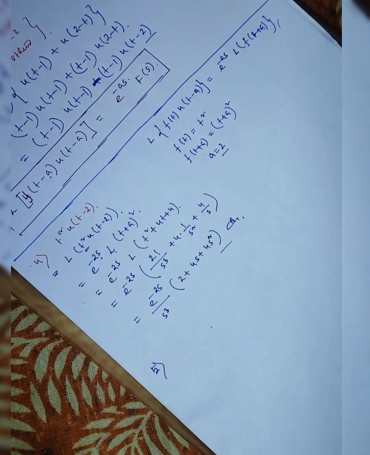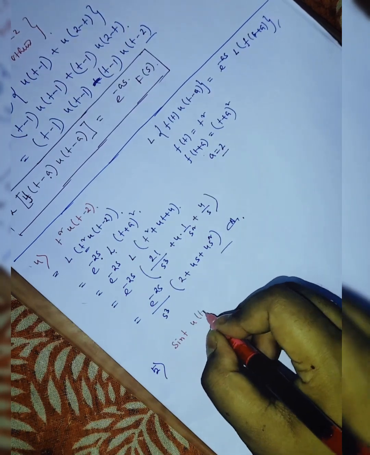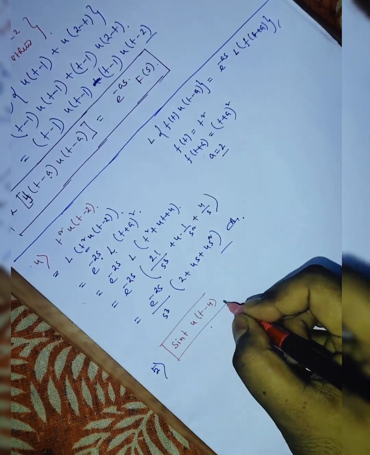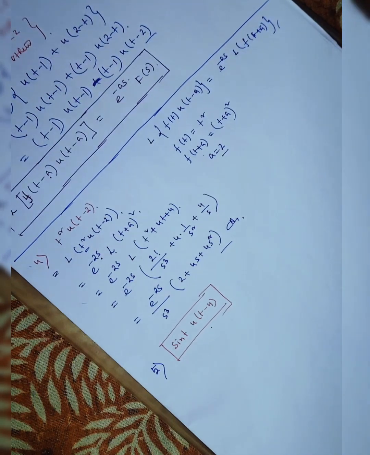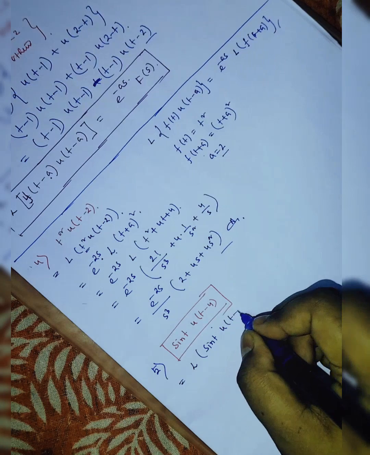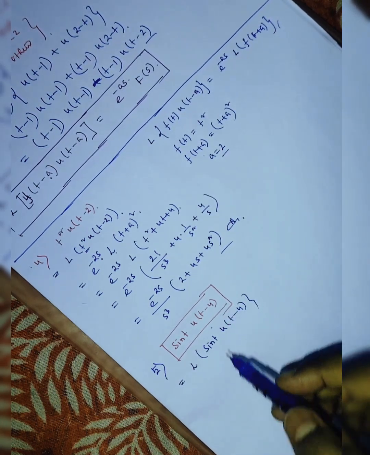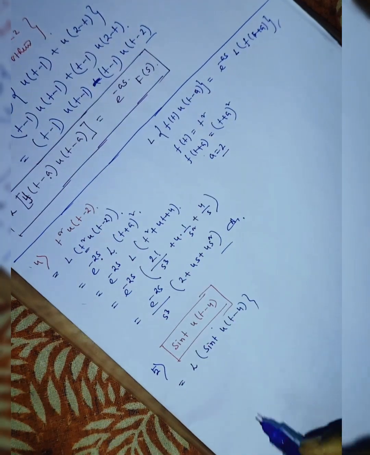Here it is given that sin t u of t minus 4. Same problem, like this. So let's solve this. L of sin t u of t minus 4, but here they have changed one thing: here a equals 4, while before a equals 2. But I have no problem.